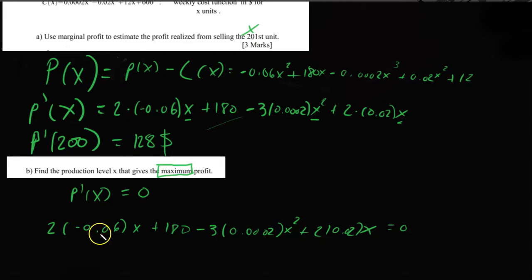Use the quadratic equation, or whichever method you wish, and you'll get that x is equal to 467. And that is the production level that is needed to give maximum profit.